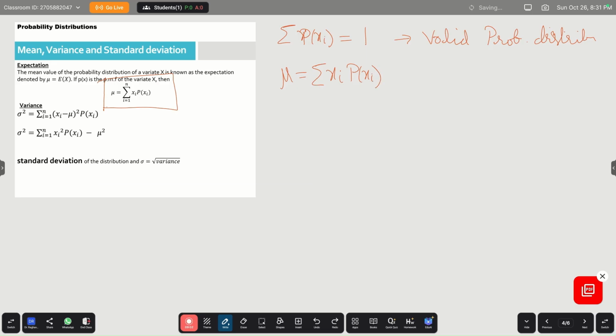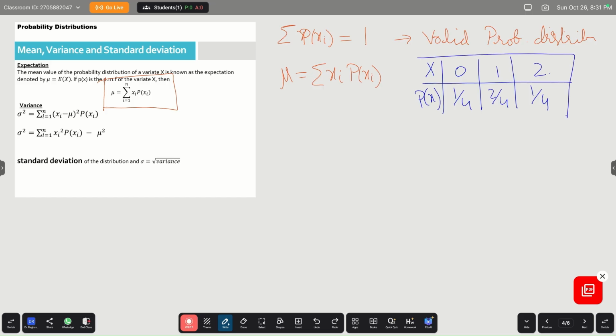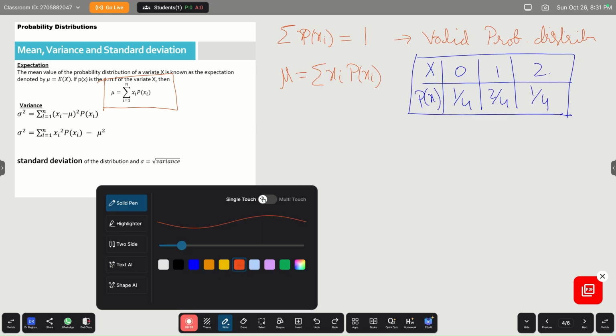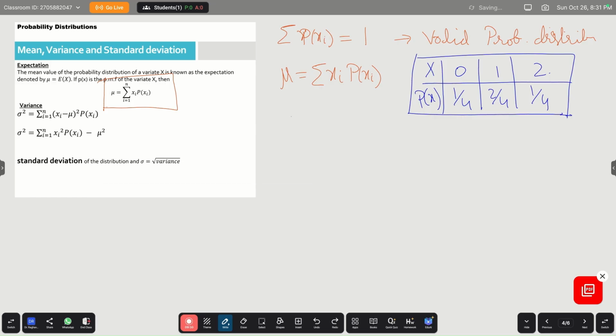Let us take our example of tossing 2 coins. We had x values 0, 1 and 2 and their corresponding probabilities 1 by 4, 2 by 4 and 1 by 4. So we will understand the calculation with the help of this simple problem, and for any problem the calculation is the same. So here the mean is xi multiplied by P of xi.